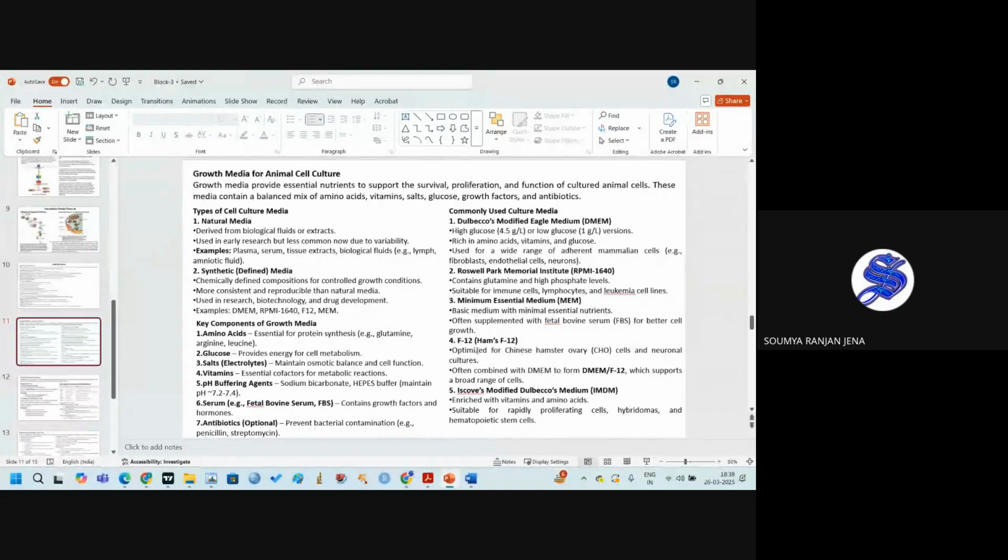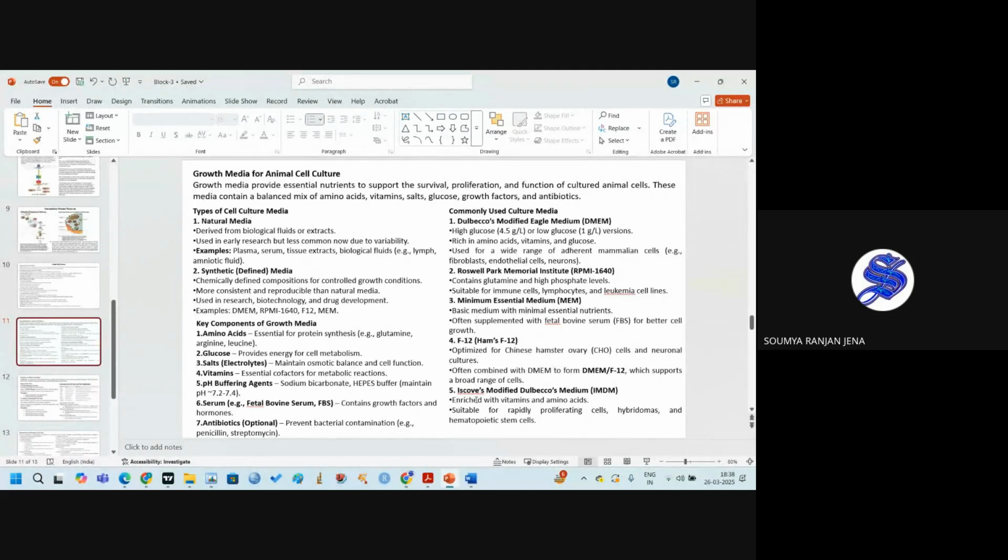And another one is F12. This is for Chinese hamster ovary cells and neuronal culture, often combined with DMEM to form DMEM-F12, which supports a broad range of cells. Sometimes for other cell lines, like fish cell lines or hamster cell lines, we use this combination of DMEM and F12.